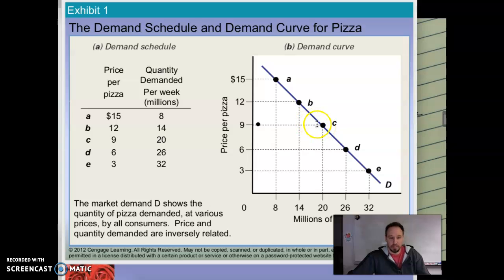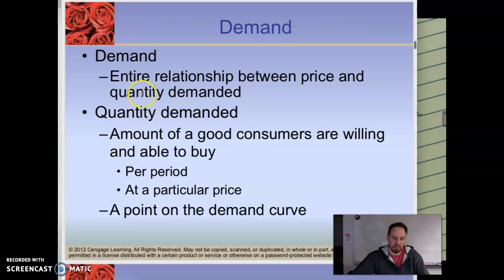So when I say price increases, we're going to say the quantity demanded is going to decrease, not demand. Okay? The curve doesn't move. The curve doesn't change. The curve stays consistent. We're only going to see movement along the curve. Okay? It's an important key to understand. If you look at your notes, I have outlined that here.